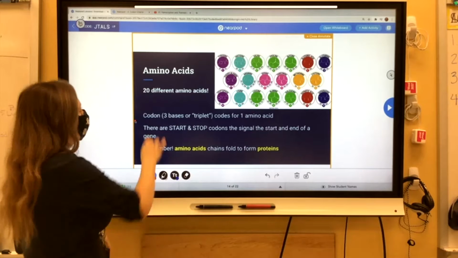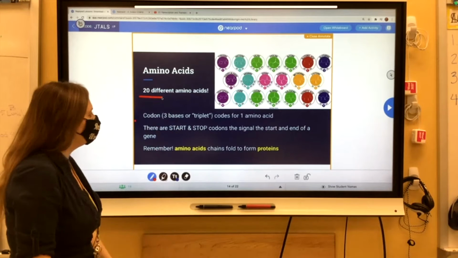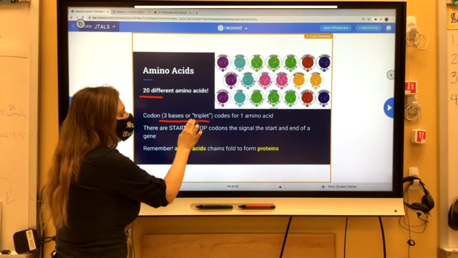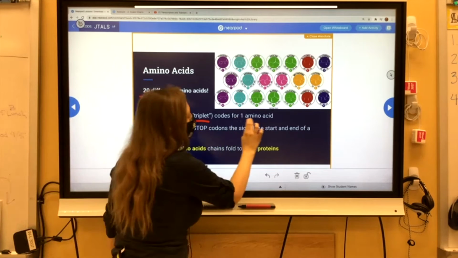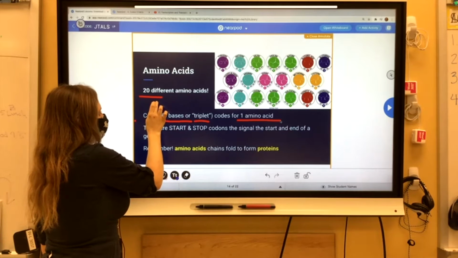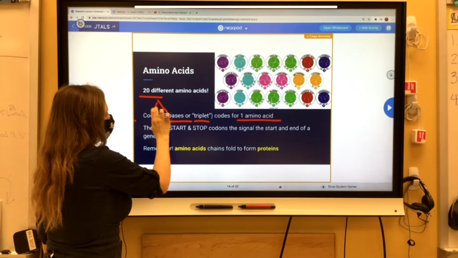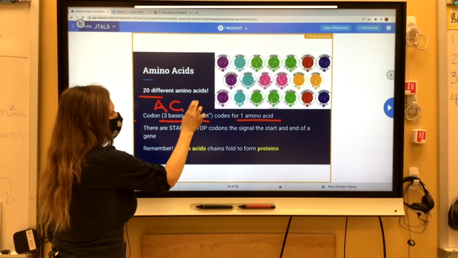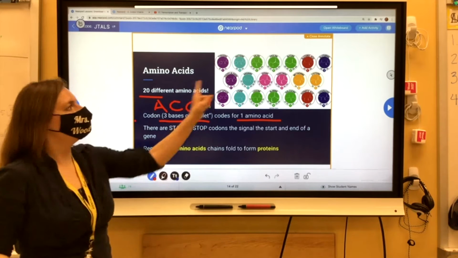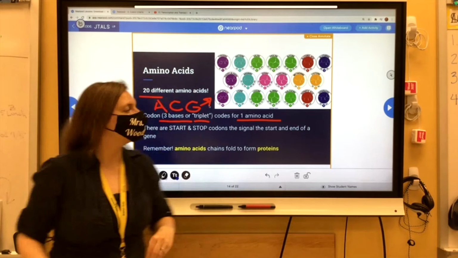So again, there's 20 different amino acids. And remember, 3 bases or a triplet codes for 1 amino acid. So this would be something like A, C, G. It codes for one of those amino acids.